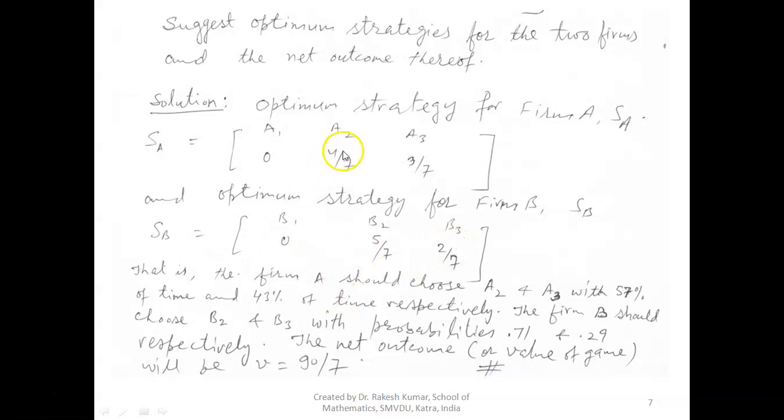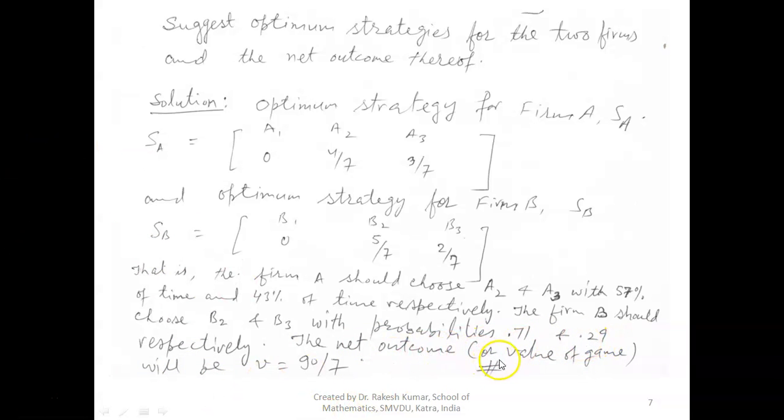It means that firm A should go with the second and third strategies, A2 and A3, and firm B should again go with the second and third strategies. Firm A should choose A2 and A3 with 50% and 43% of the time respectively, and firm B should choose B2 and B3 with 71% and 29% of the time respectively, or with probability 0.71 and 0.29.